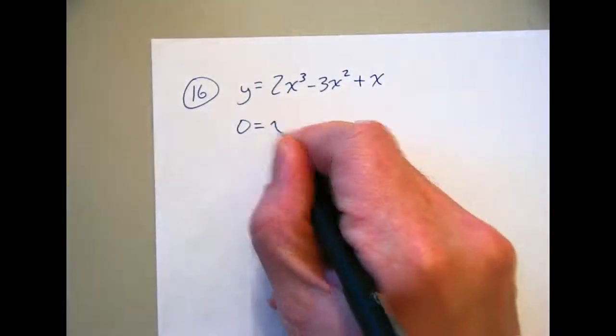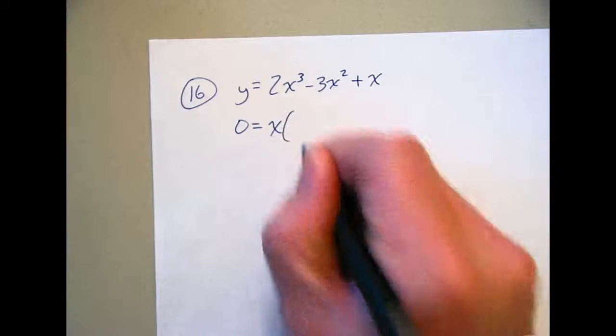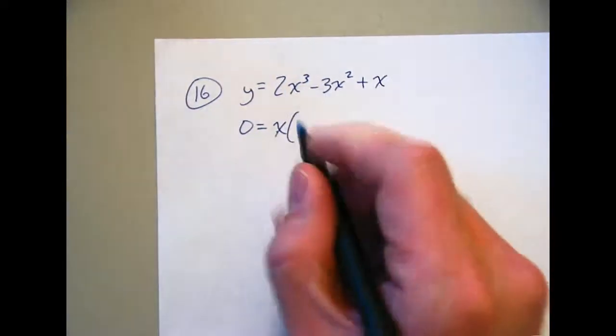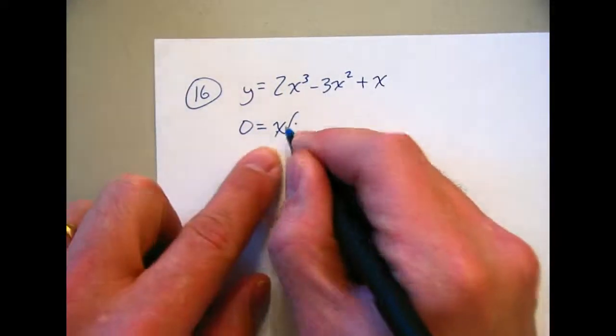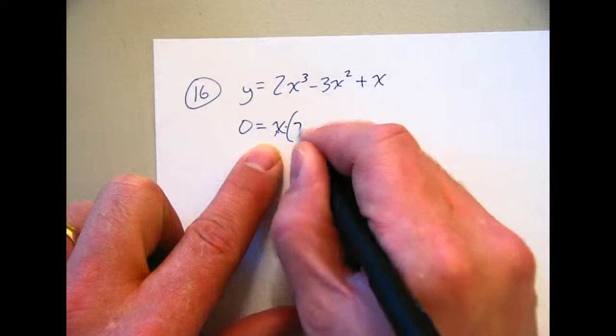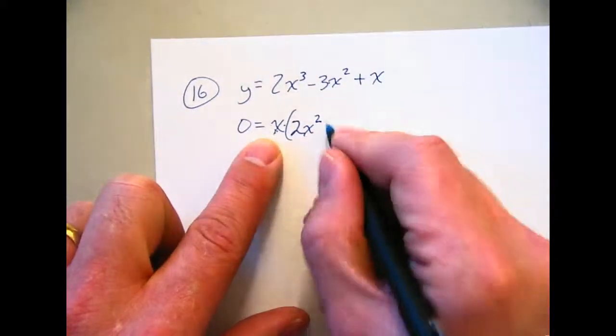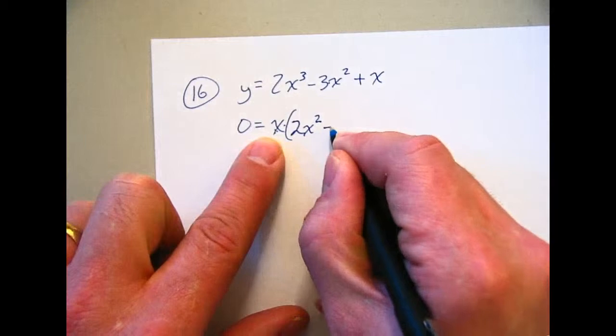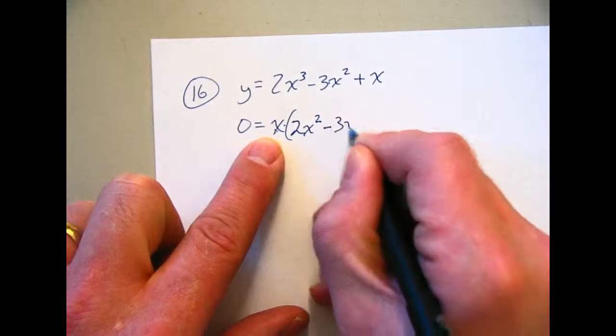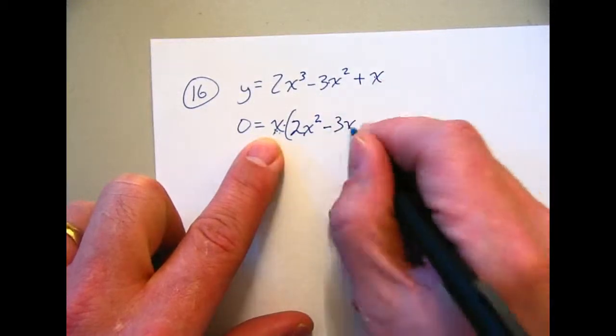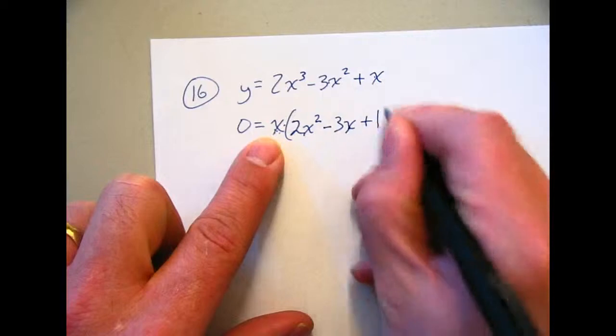When I take x out, that leaves me with x times what is 2x cubed? 2x squared. X times what is negative 3x squared? Negative 3x. And x times what is x? 1. Make sure we have the 1.